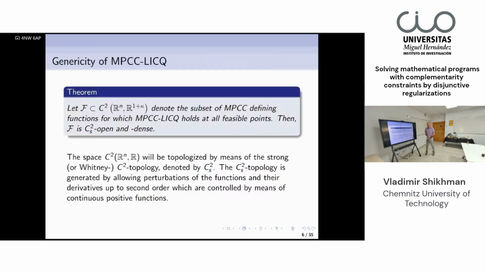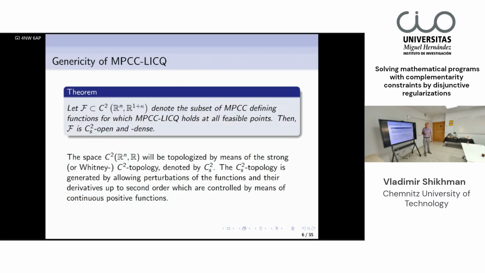So, why can we assume this? Because we have a result of a kind of topological nature. If you have a set of functions and you choose a problem randomly, then this property is satisfied for this randomly chosen problem.